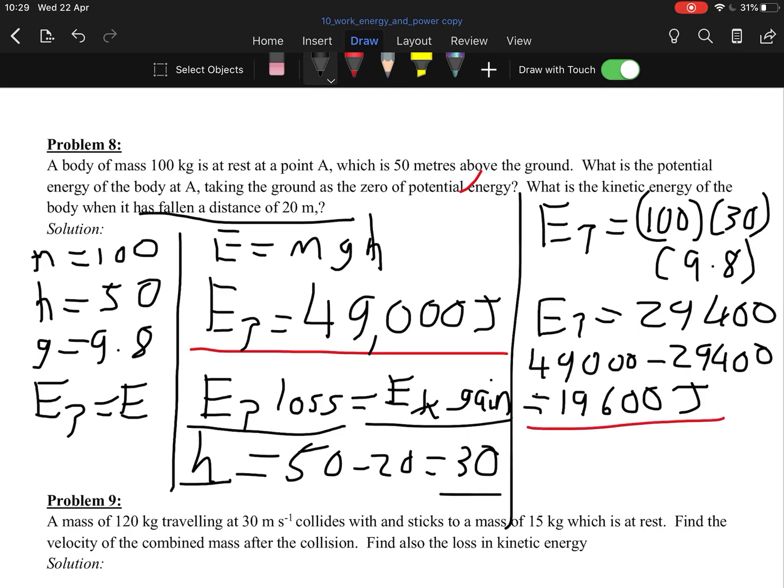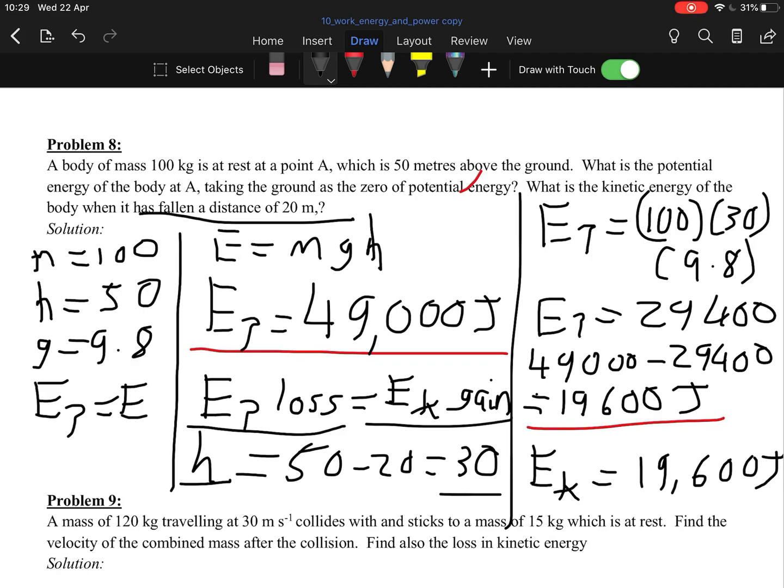So that's what we've lost. So by dropping down to 30 meters, we lose 19,600 joules of potential energy, which means we gained EK of 19,600 joules. You see? What you lose in potential, you gain in kinetic.